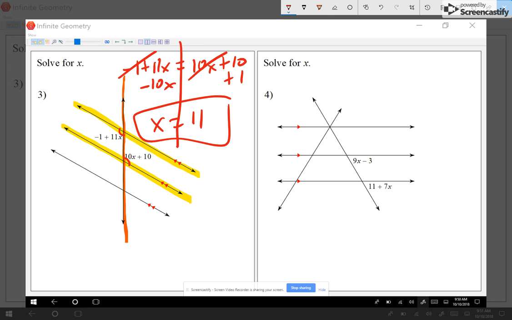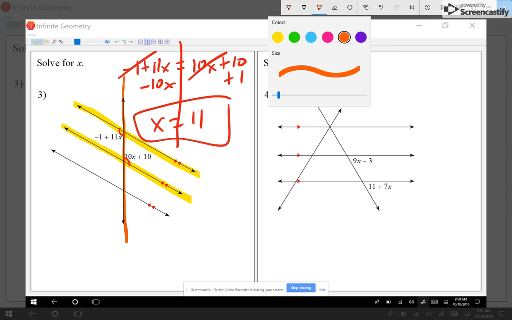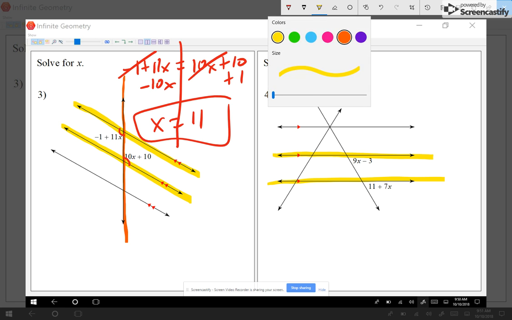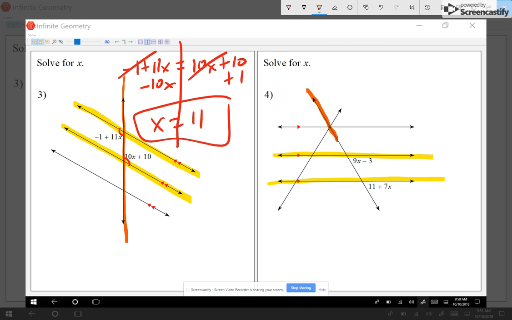Looking at question number 4. My parallel lines are these two. My transversal is this one, right? The other two lines have nothing to do with my angles. In this case, I have corresponding because you notice they're on the same side of the transversal, one of them between the parallel lines, the other one outside.